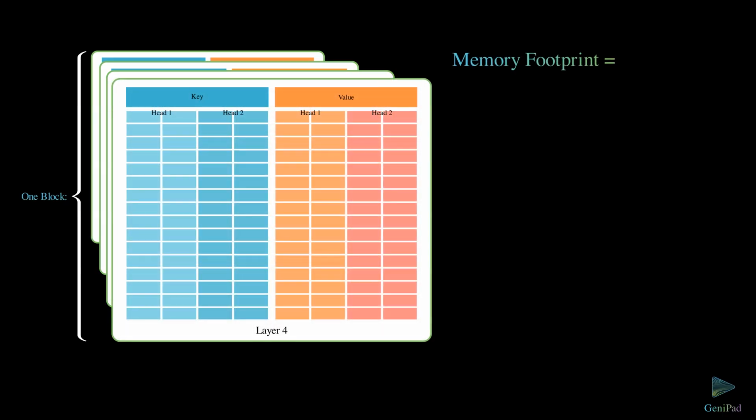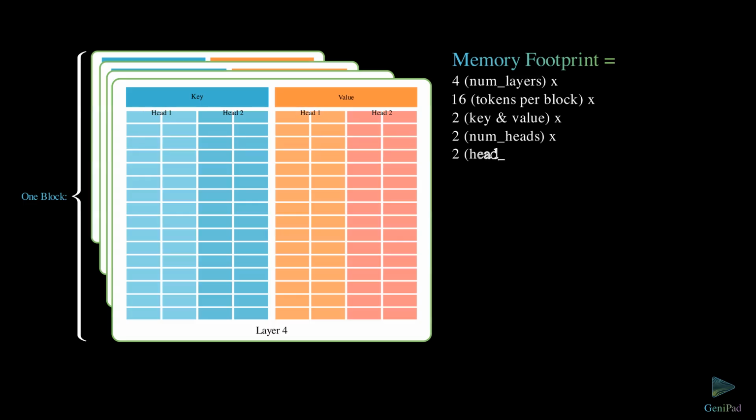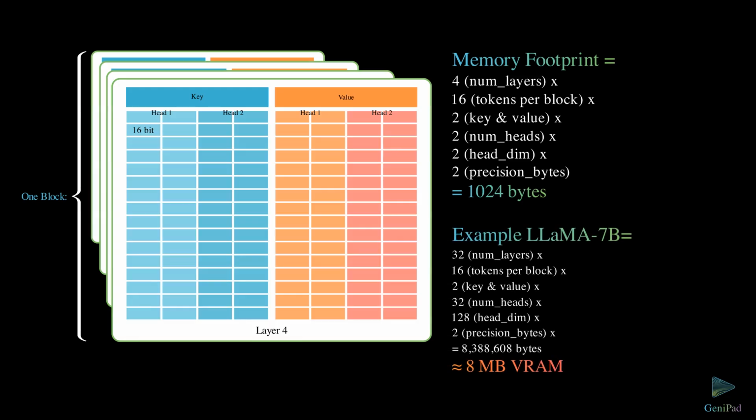To compute the memory footprint of each block, we multiply the number of transformer layers, 4, the number of tokens per block, 16, the 2 cache types, key and value, the number of heads, 2, the head dimension, 2, and the bytes per value, which is 2 bytes here. This results in a block size of 1026 bytes in the figure. Here you can see the actual block size when loading Llama 7B, which is approximately 8 megabytes.